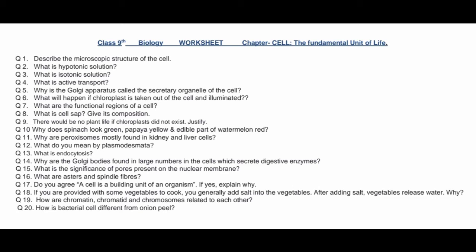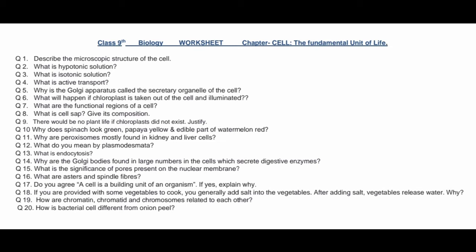Next question is question number 9. Here the question is, there would be no plant life if chloroplast did not exist. Justify.